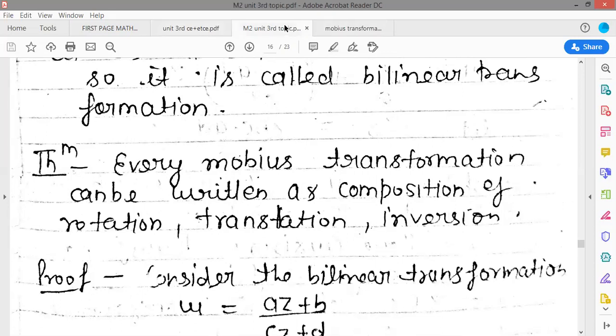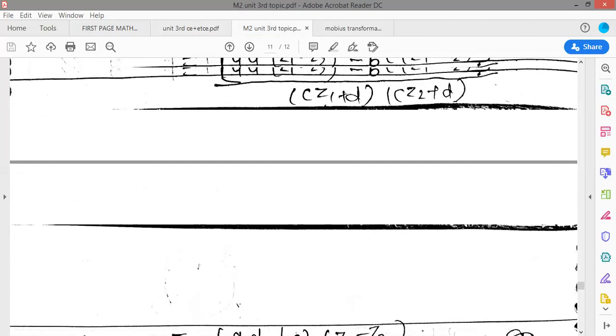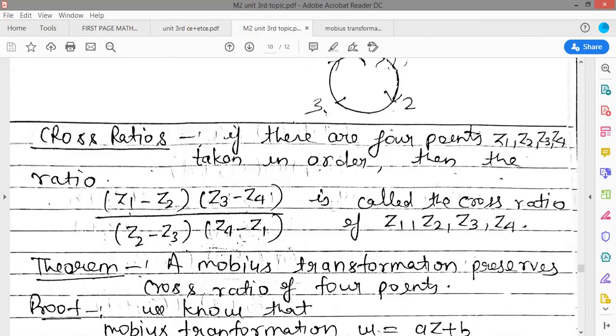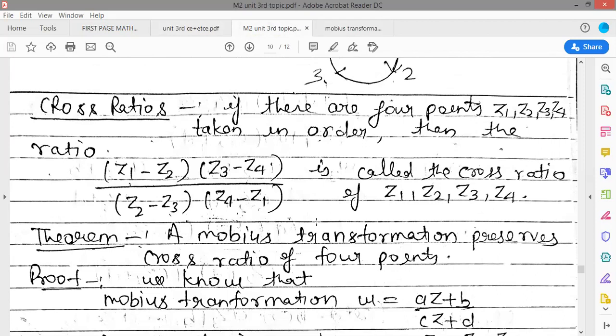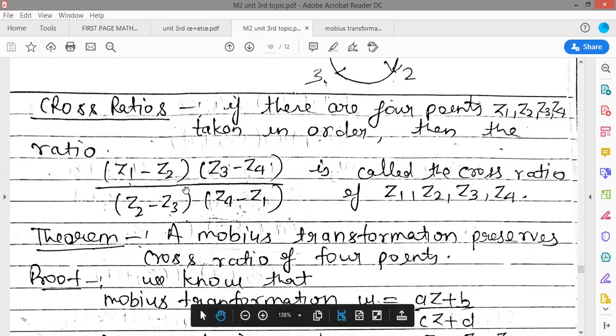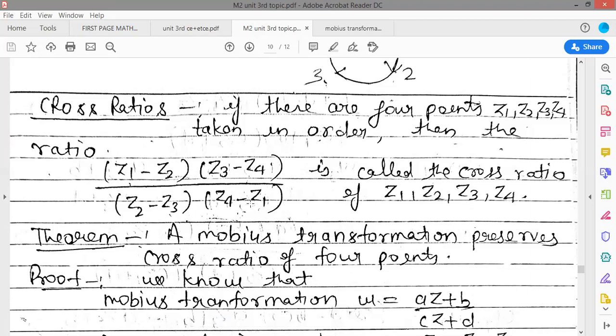Next we will discuss the cross ratio. So what is the cross ratio? If there are 4 points z1, z2, z3, z4 taken in order, then the cross ratio is (z1 minus z2)(z3 minus z4) upon (z2 minus z3)(z4 minus z1). This is a cycle, and it is called the cross ratio of z1, z2, z3, z4.